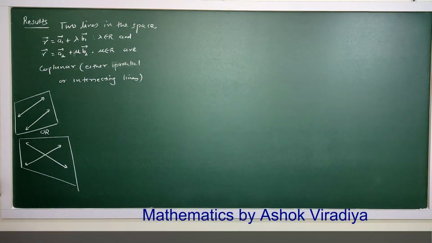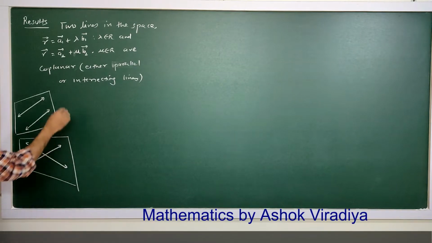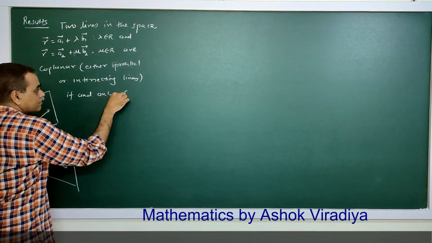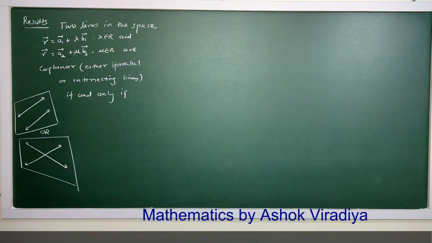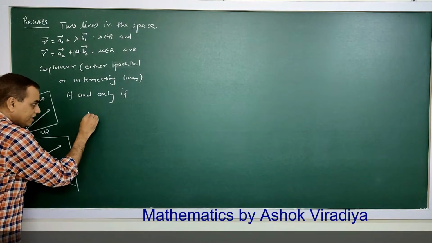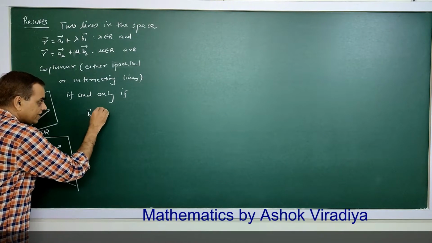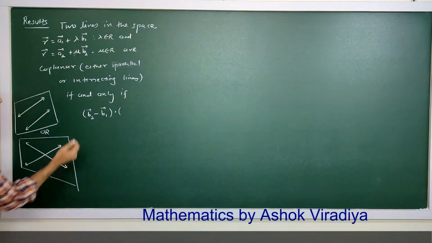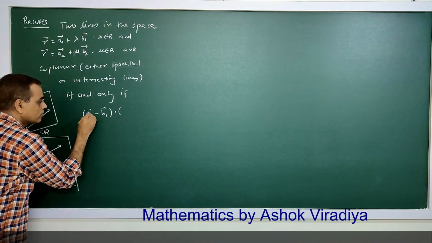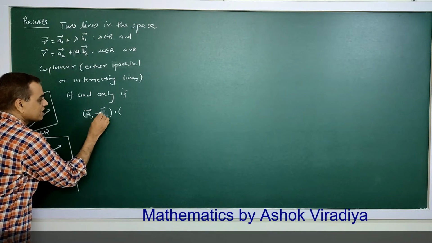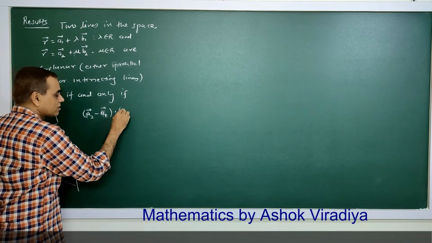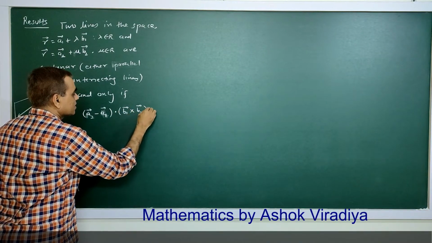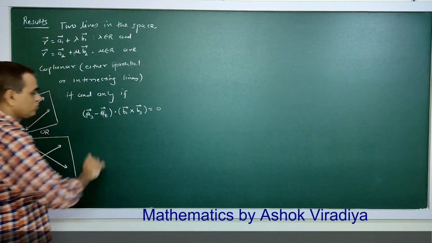So the condition that lines are coplanar is if and only if vector b2 minus vector b1 dot vector a2 minus vector a1 dot b1 cross b2 equal to 0.